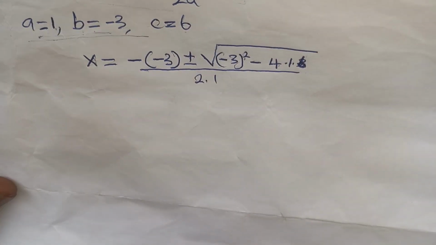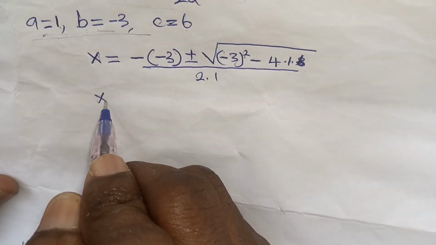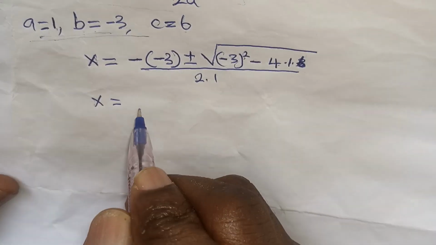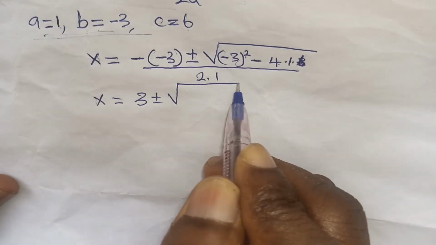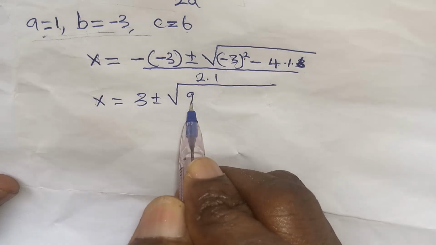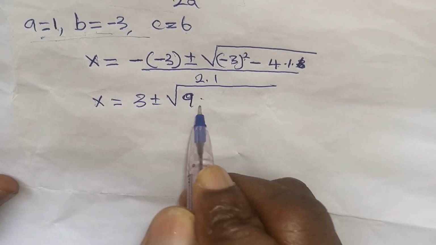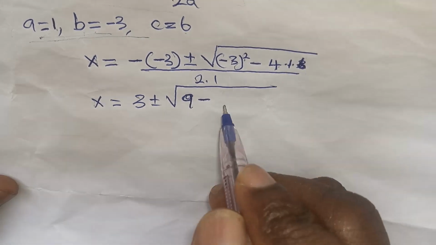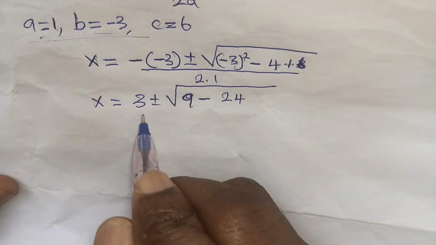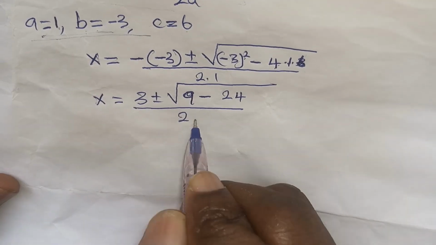Having done this, we can say our x is equal to, minus becomes plus 3, plus or minus the root of 9 minus 4 times 1 times 6, which is 24, over 2.